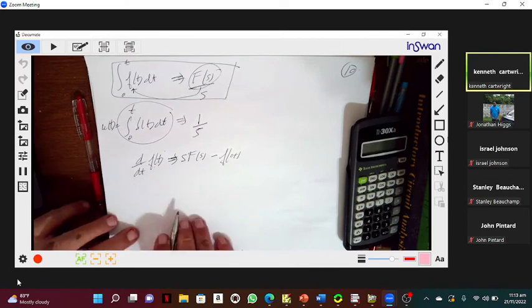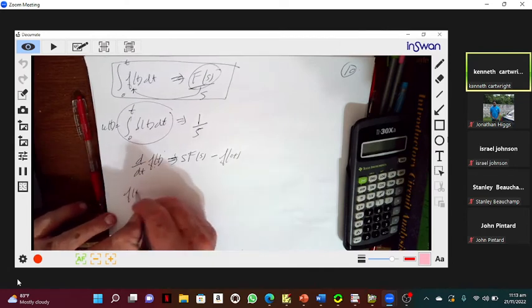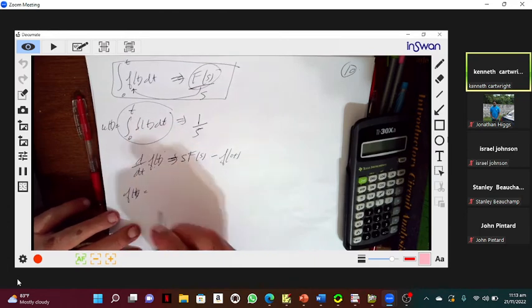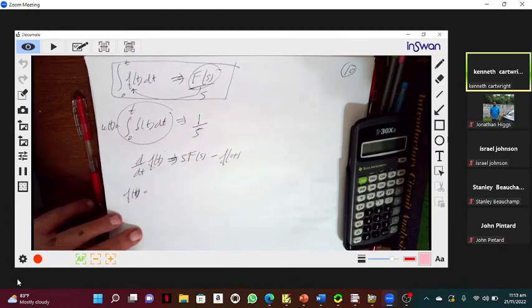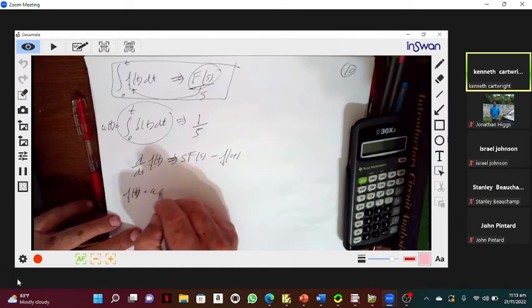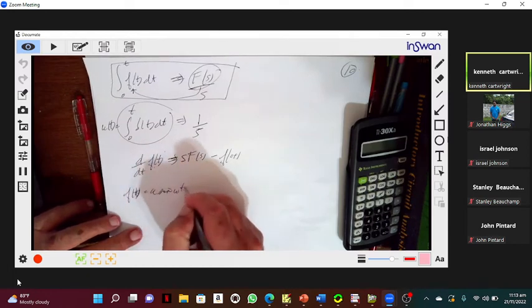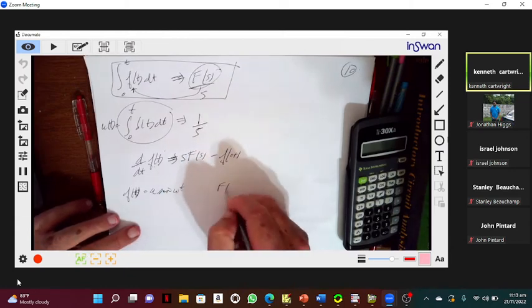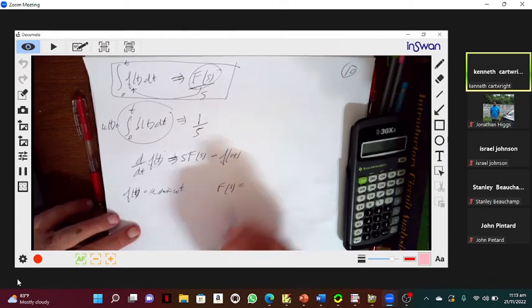Let's do f of t equals A sine omega t. So what's F of s?